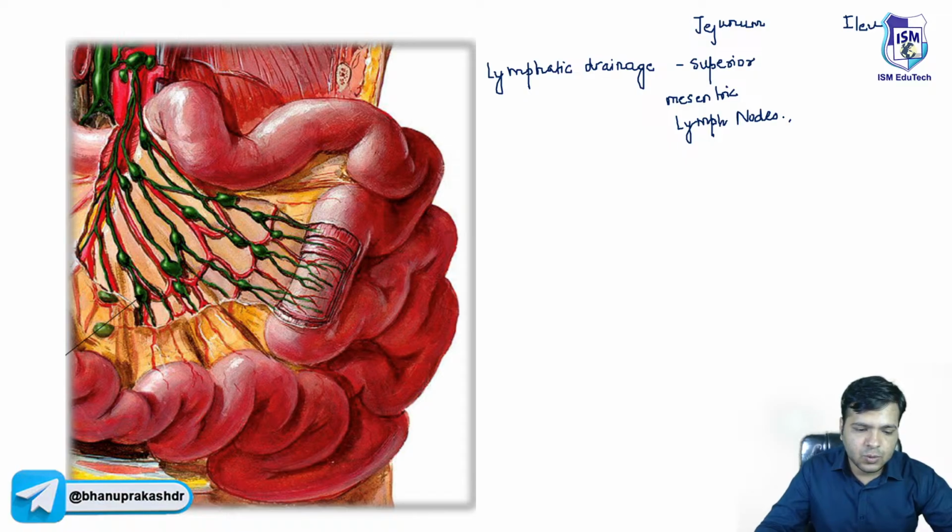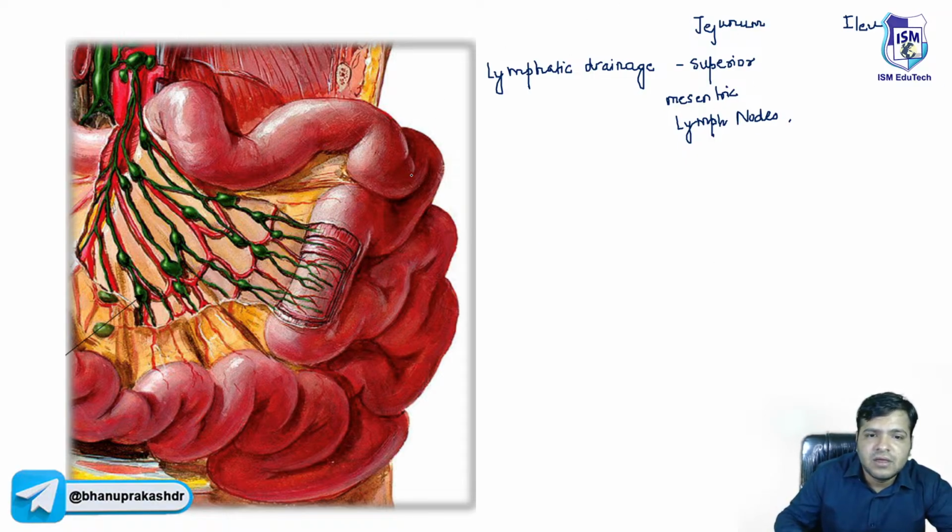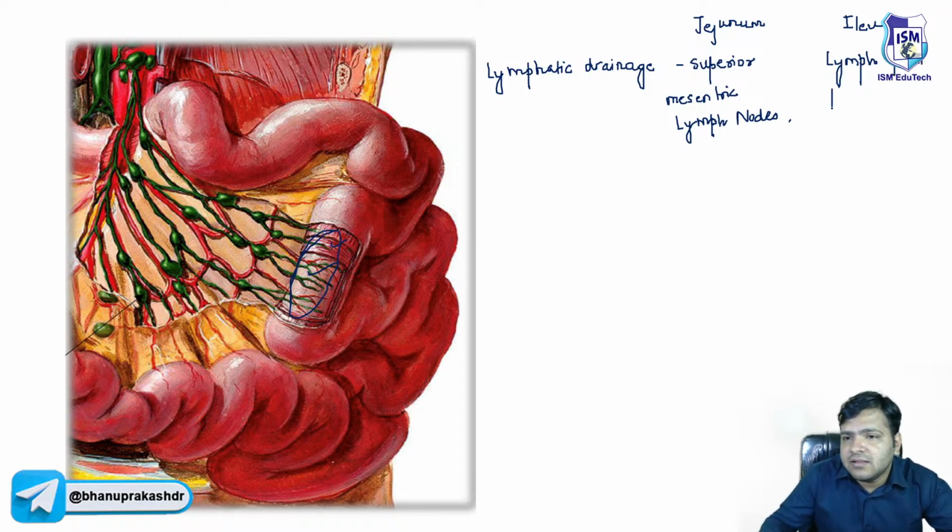If we compare it with the ileum part, beta, now we have certain lacteals over here. These are lacteals which are present over here. So remember, beta, we have the lymph coming from lacteals. Now, what are lacteals, beta?